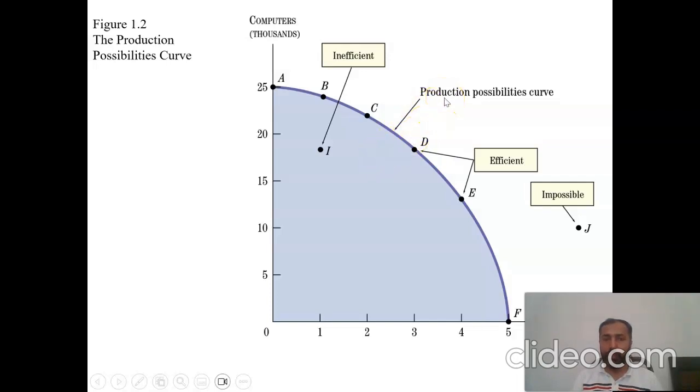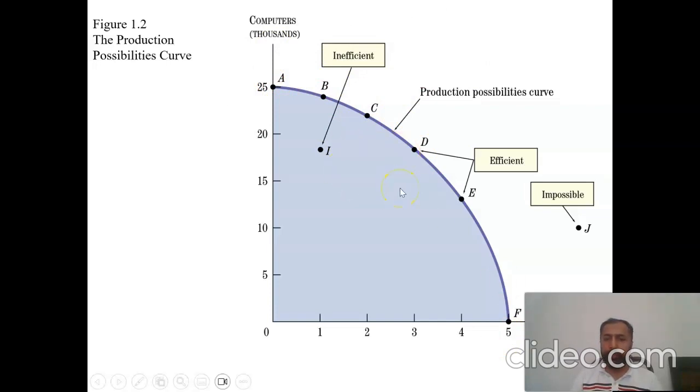For example, if we have the same amount of cotton every year, but in a specific year the technology of the textile sector improves, now the textile mills will be able to produce more cloth and more yarn using the same quantity of cotton just due to the improvement of technology. In that case also, this PPF curve will shift right upward, upward on the y-axis and rightward on the x-axis as well.